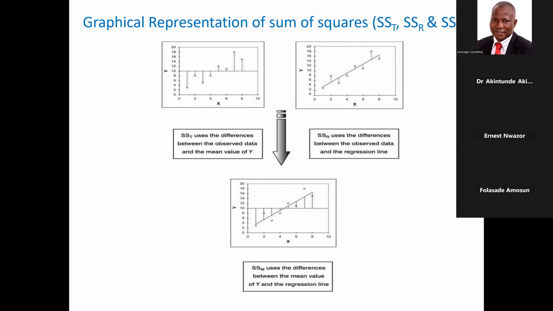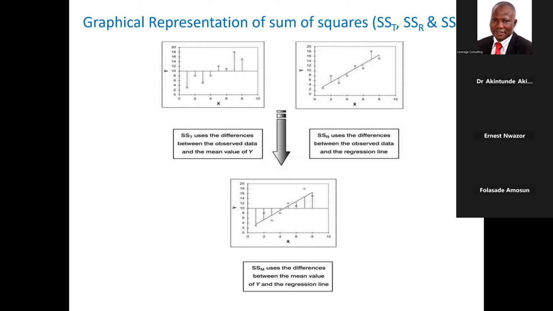So the one the model can explain is what remains when you remove the part it cannot explain from the total that is to be explained. When you overlap there, the difference in between, that is the improvement the model has made. That is the sum of squares model.